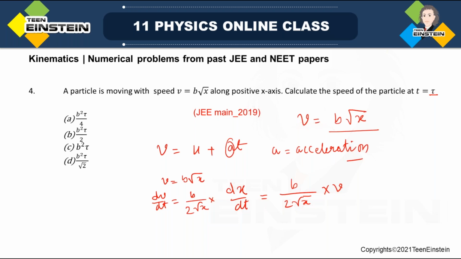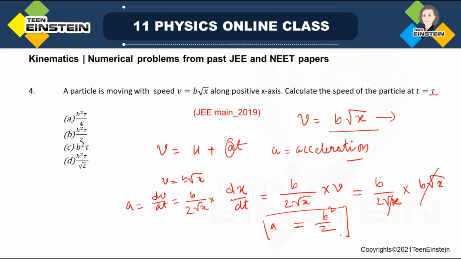V you can replace from the given equation, v is b root x. So the root x is gone. Ultimately we get b square by 2. So the acceleration we have got from here is b square by 2.